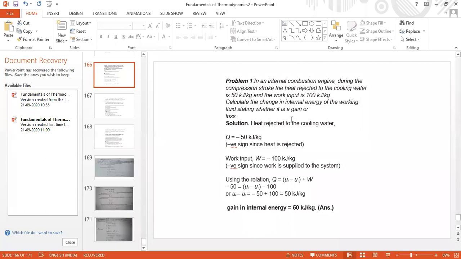What is the sign convention for heat? There are two terms. Number one is heat absorbed or heat gain, and number two is heat rejected. And what are the sign conventions for these two?